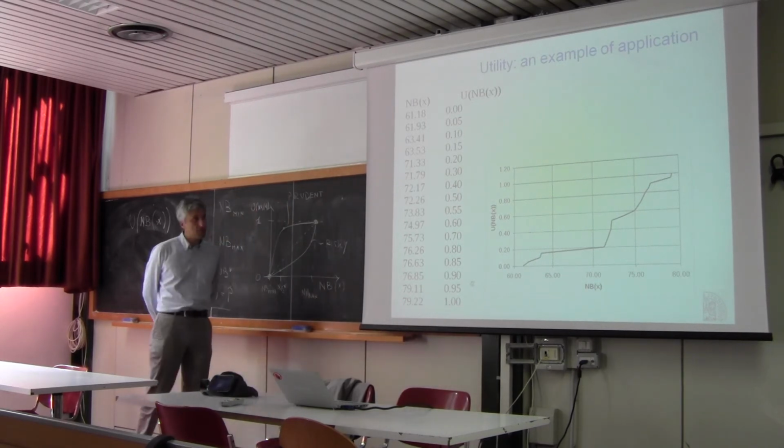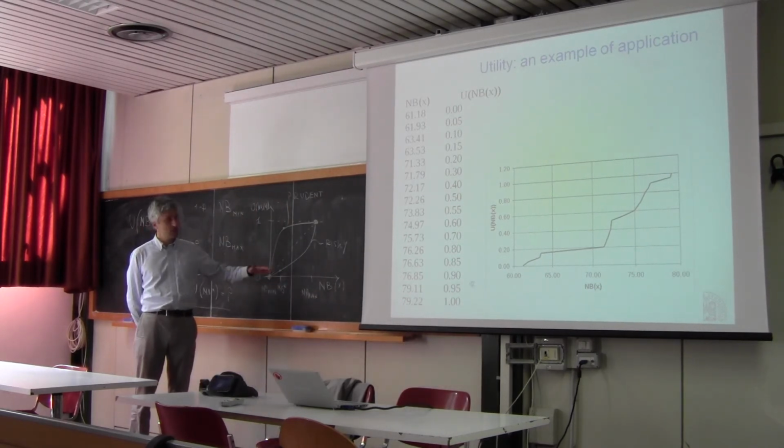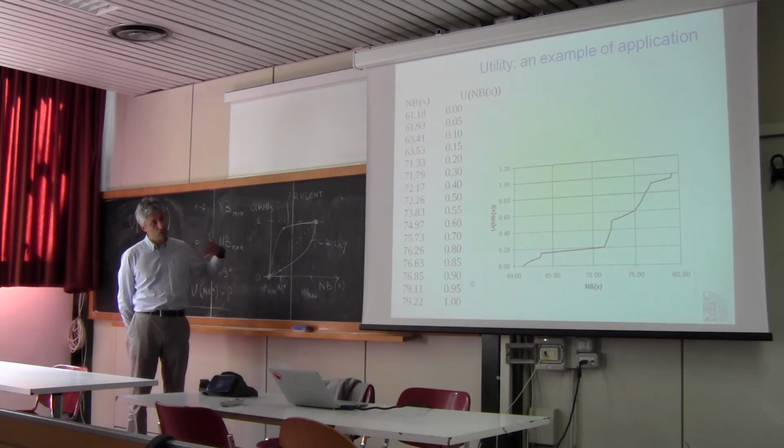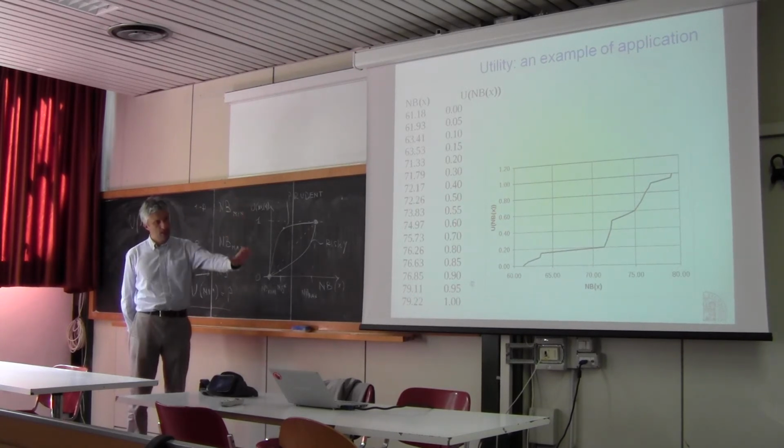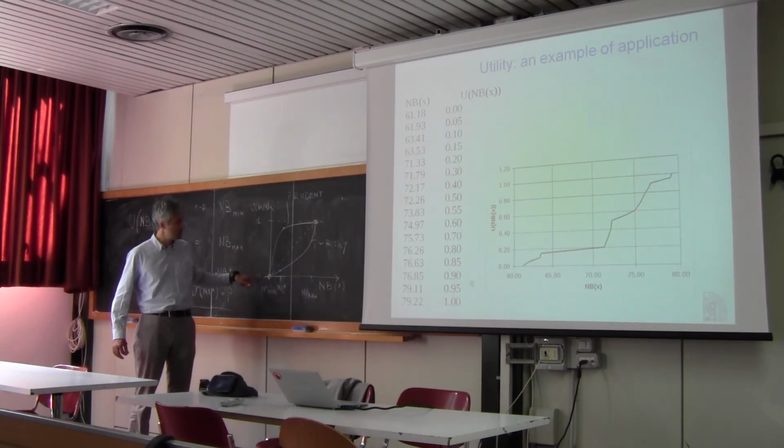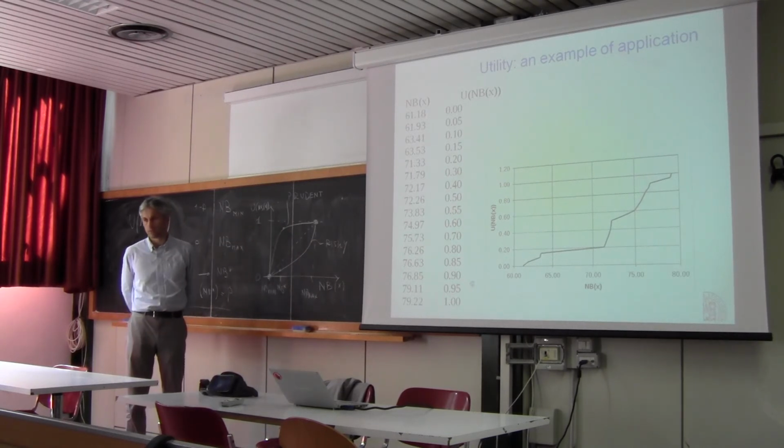And you see that probably it shows that the stakeholder has a quite significant propensity to risk because it's below the 1-1 line. Let's say that it's below the linear connection between 0 and 1 utility.